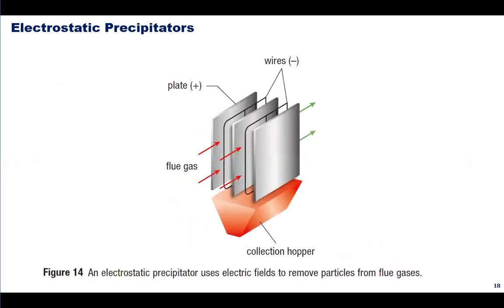Okay, next, let's have a look at a device called electrostatic precipitators. During the industrial age, heavily polluted air resulted from the smoke pouring out of chimneys and smokestacks.